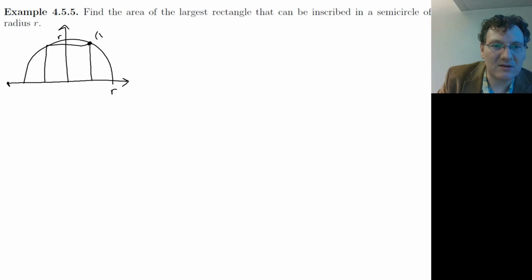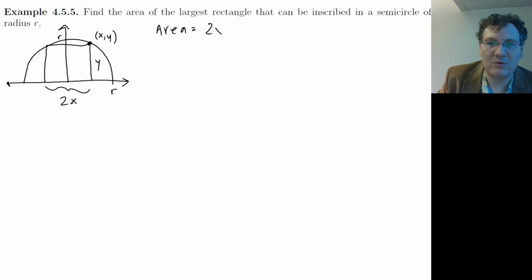So if this point here is the point x, y, then the area is 2x by y, so it's 2xy. We want to maximize 2xy.